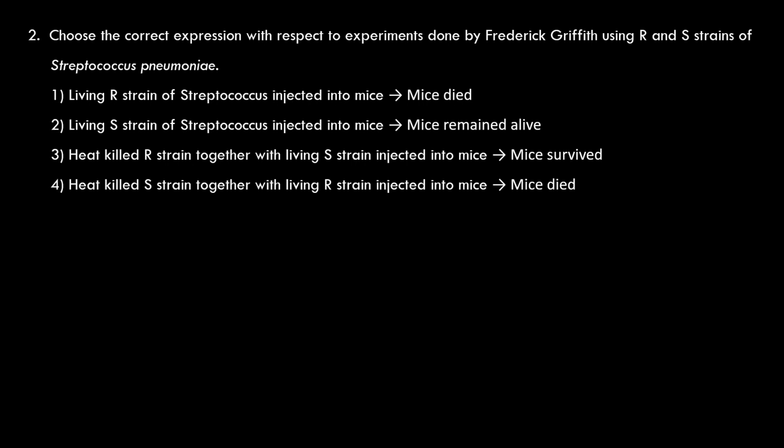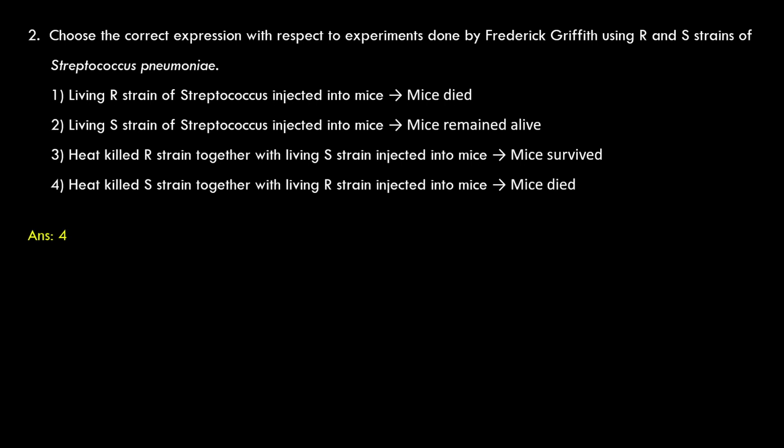Heat killed S strain together with the living R strain injected into mice, mice died. The living R strain obtained some chemical substance from the heat killed S strain and transformed into S strain, and the mice developed pneumonia symptoms and died. The fourth option must be the correct one.